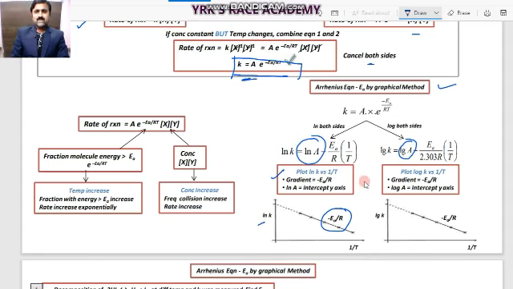When you apply log, with log k on the y axis and 1 by T on the x axis, you will get minus Ea by 2.303 R. 2.303 also will come here.